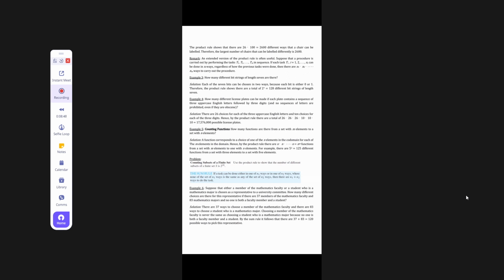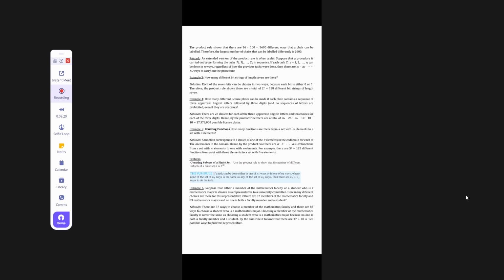So if you can do a task in n1 ways or in n2 ways, not "and," "or," it's either-or, then the total number of ways of doing the task is n1 plus n2. Here the restriction is that between these n1 ways and n2 ways, there are no common ways of doing the task. There is no overlap.